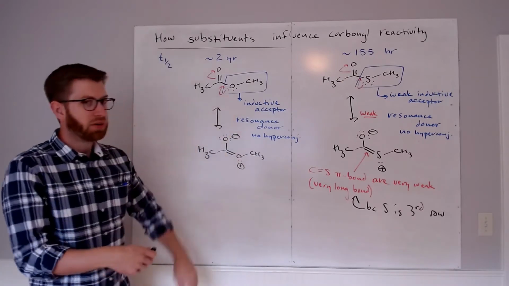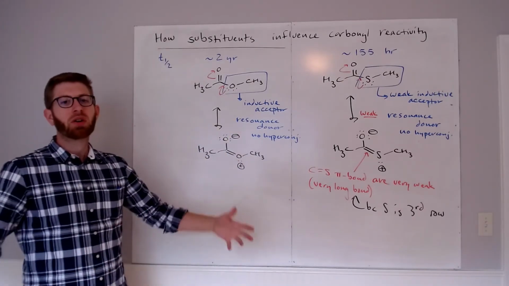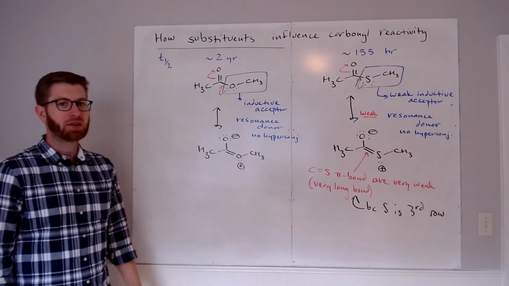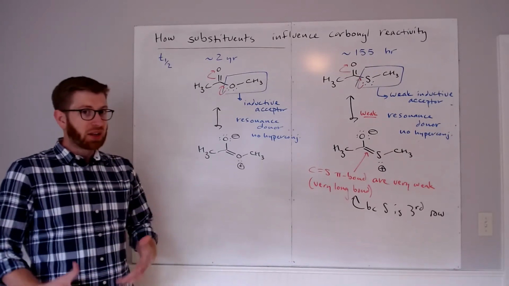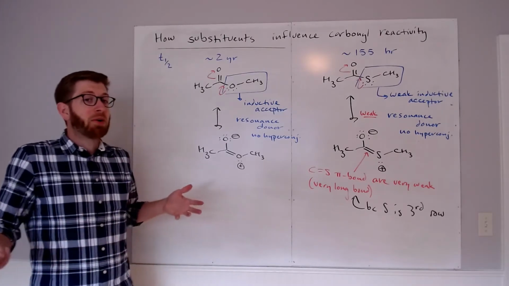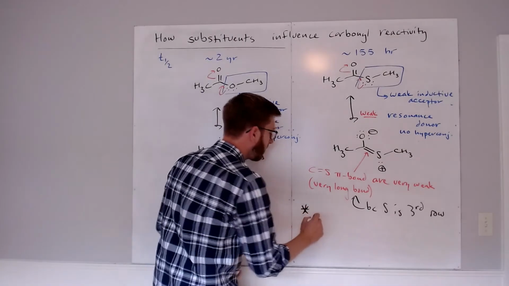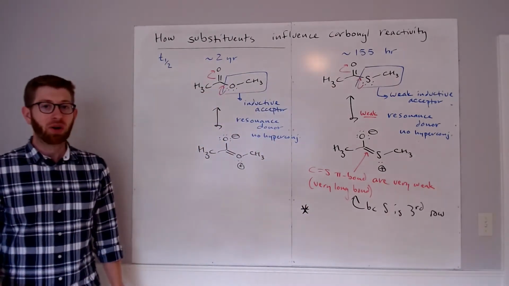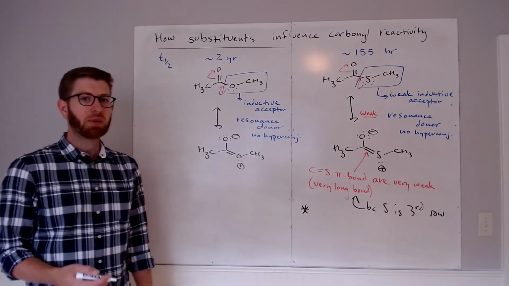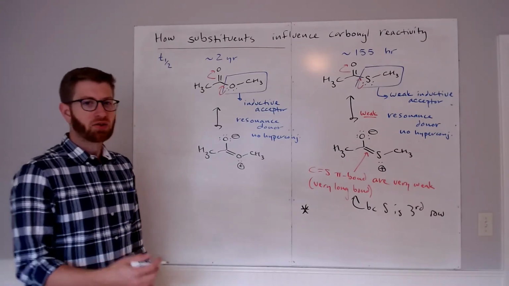Whereas oxygen, second row element, we don't have this problem with ultra long carbon oxygen pi bonds. These are normal looking. That means that they're relatively strong pi bonds. And so oxygen can be a very powerful resonance donor. Our takeaway here is that essentially large atoms, so like third row and especially things like fourth row elements, really don't have powerful resonance effects generally.